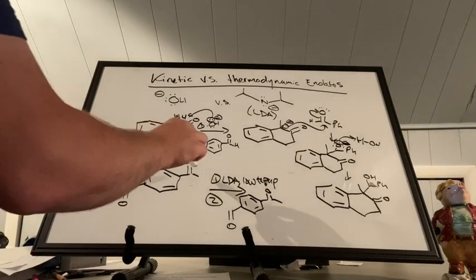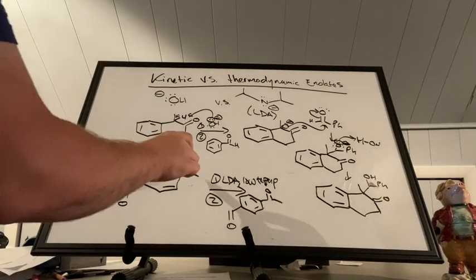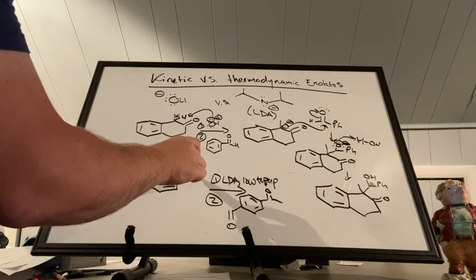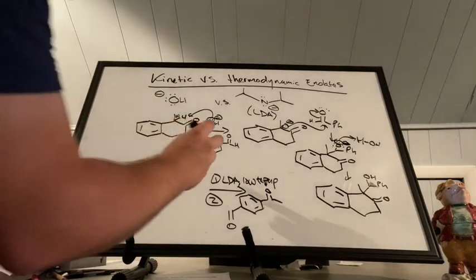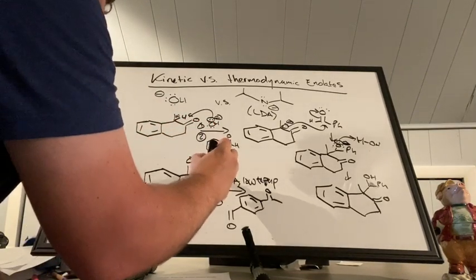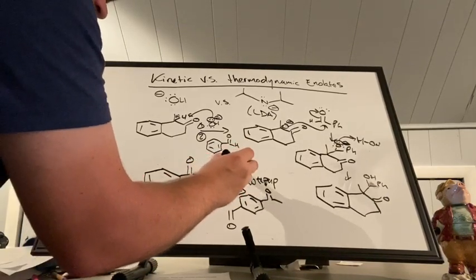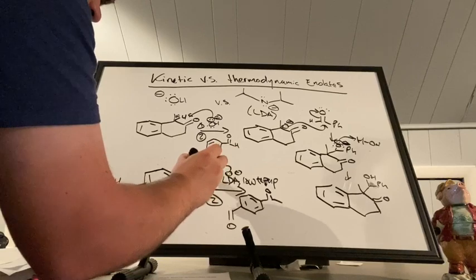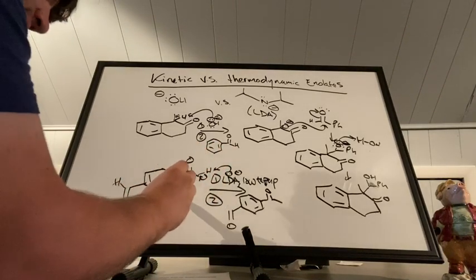But more importantly, LDA tends to pick off hydrogens that are part of a methyl ketone, like in this particular instance. So let's just say there's a lone pair of LDA, negative charge, pick up that hydrogen there, and you'll have an enolate that'll form.